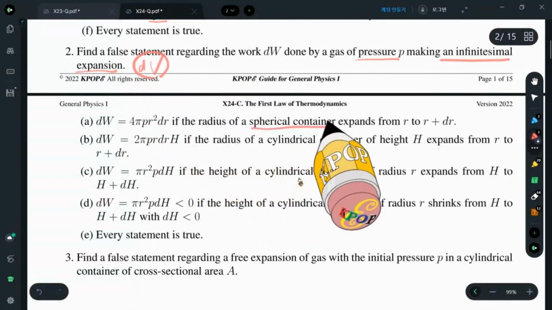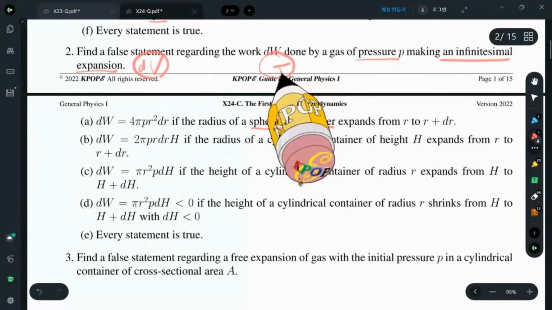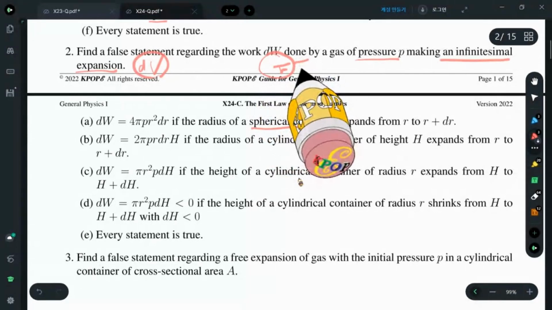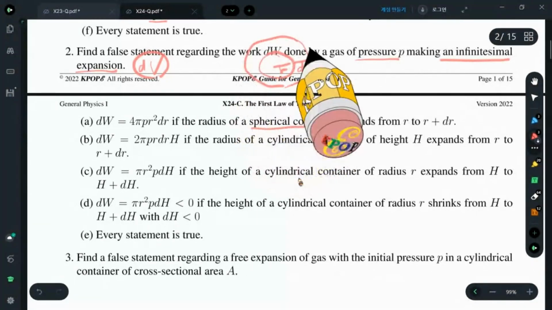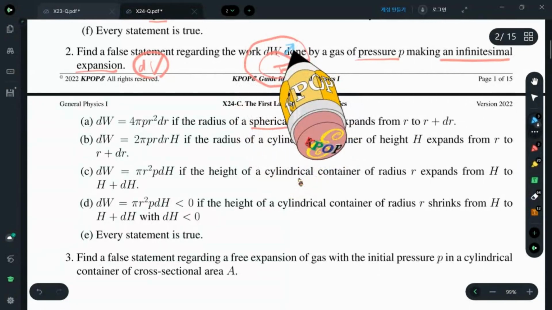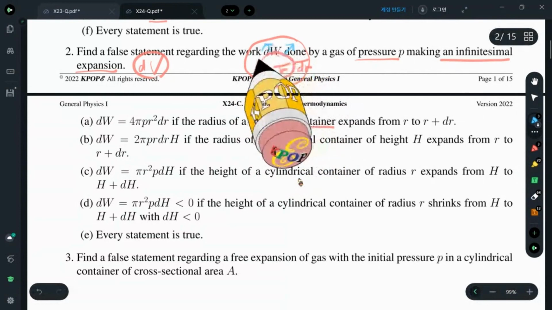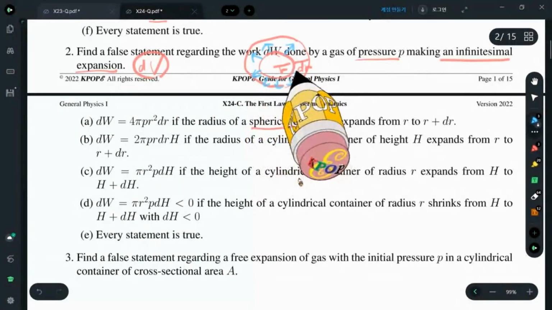For a spherical container, we have a sphere whose radius changes to r plus dr. The pressure is normal to the surface, and it must be the same everywhere.